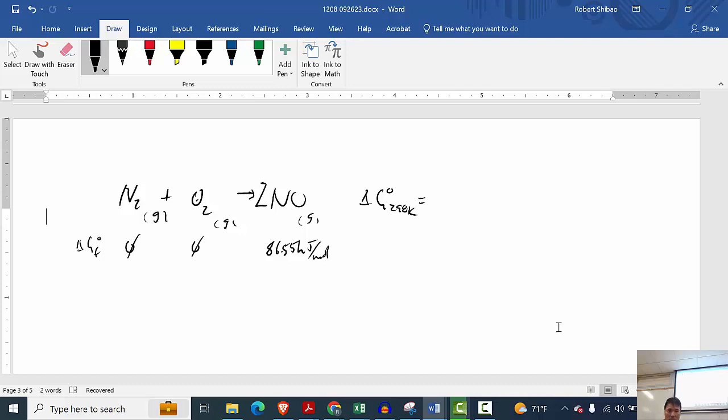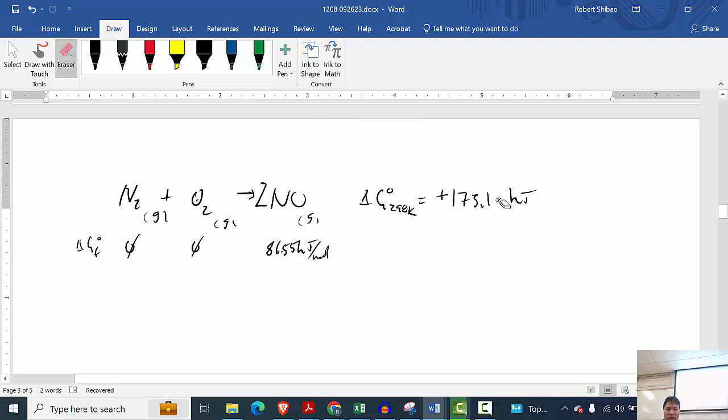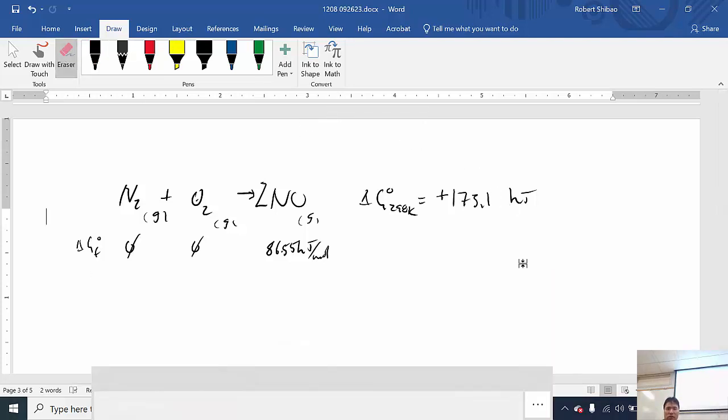160, 172, 173.1. Actually, we're only allowed 4 sig figs. Just say 173.1.